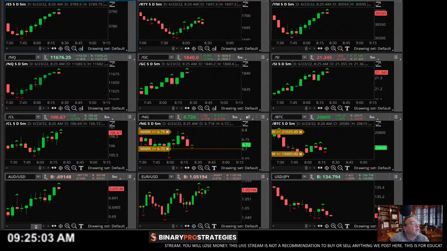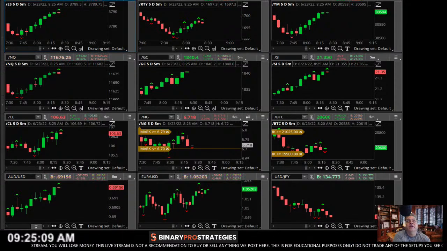Okay, Dow's going to open here in about 5 minutes. Still expecting a higher opening on this Dow, but overall expecting the indices at least to be down today.